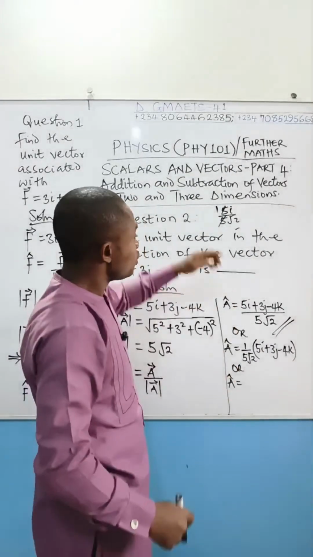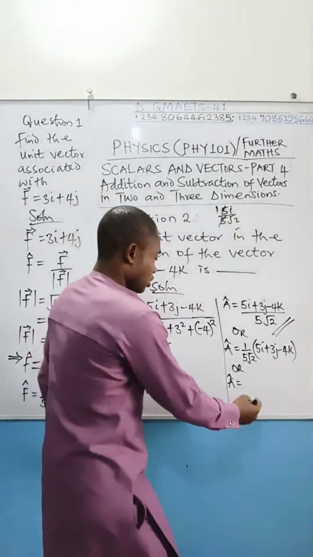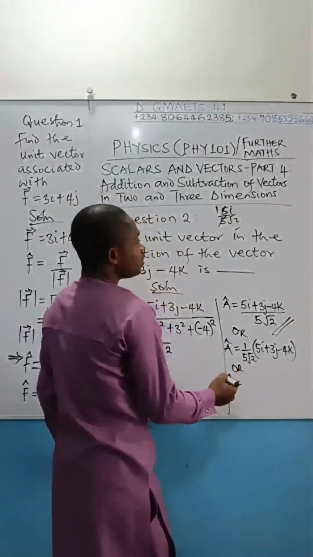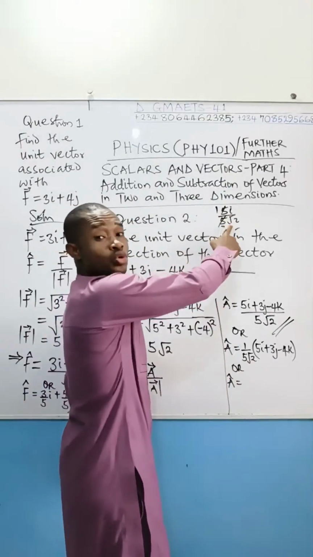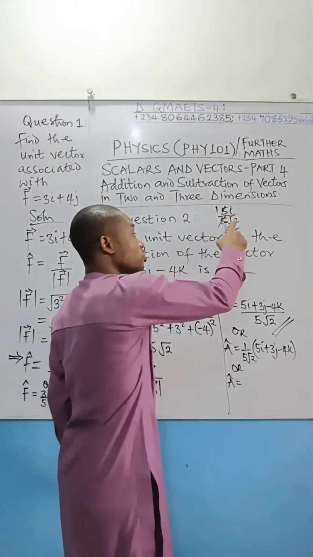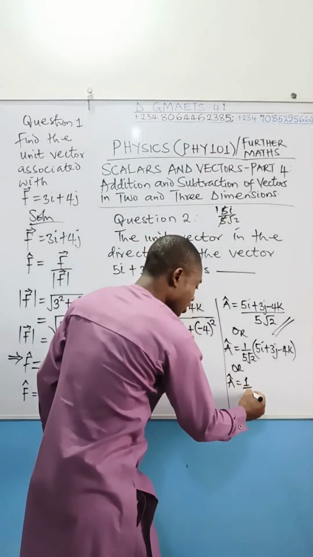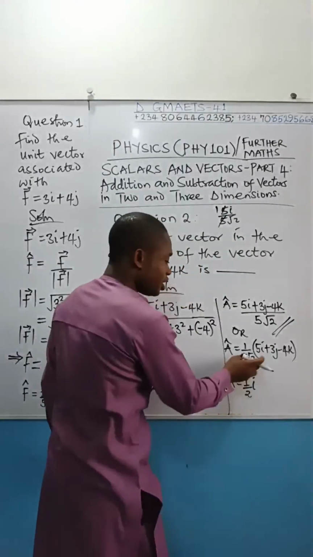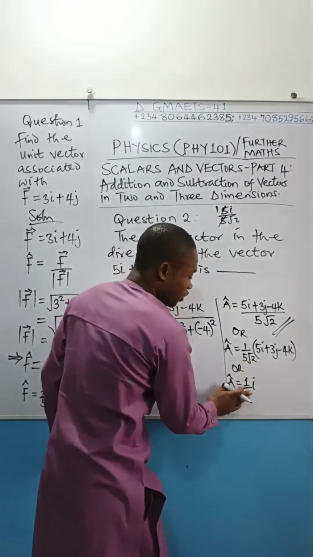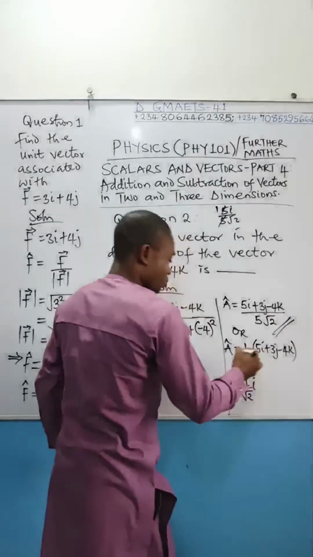So this is the same as 1 over root 2, not 1 over 2, because there is a square root sign here. 1 over root 2, then i. I'm distributing the denominator to each of them, over square root of 2.